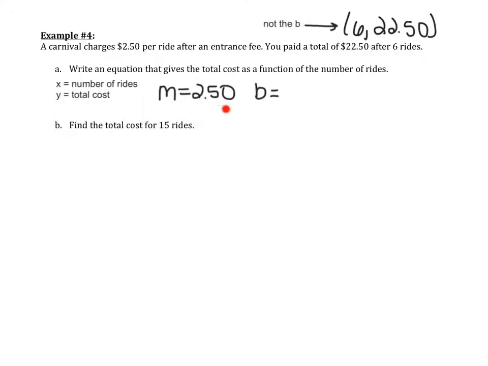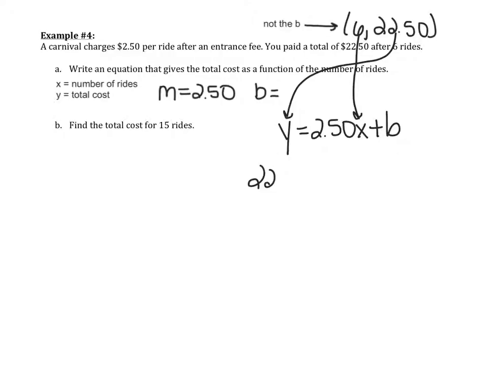I know what the slope is. I know the slope is $2.50, and I have this ordered pair that I can use for x and y to substitute into y equals mx plus b and solve for b. So far I have y equals $2.50x plus b. Remember, I'm going to use this point to solve for b by substituting the 6 in for x and 22.50 in for y.